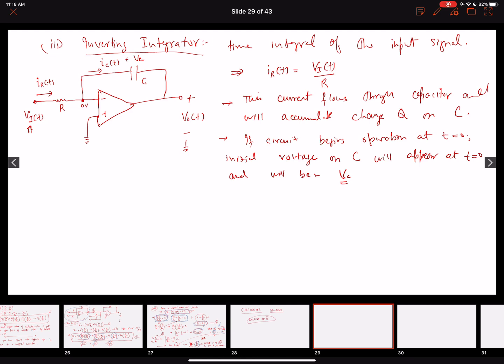IR of t is the current that is flowing through the resistor. Since we are going to have a virtual ground, IR of t is going to be equal to IC of t. So this current is going to flow through the capacitor, and it is going to accumulate the charge Q on the capacitor.